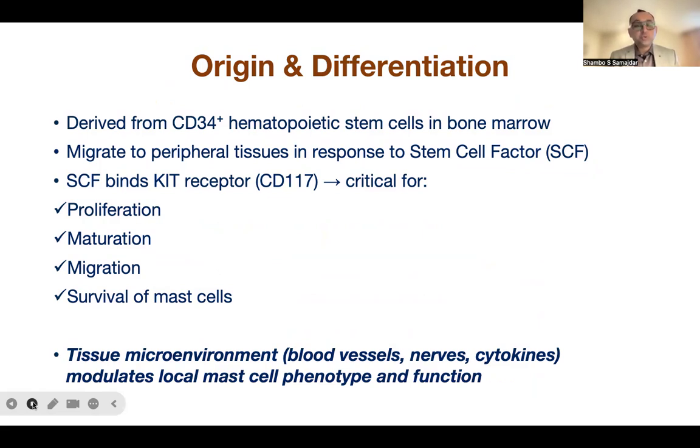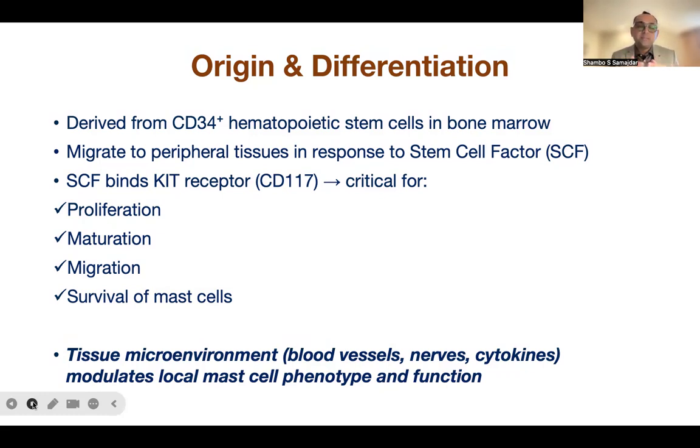and they actually migrate to peripheral tissues in response to stem cell factor. Now, what happens? This stem cell factor will bind to the KIT receptor, the CD117, and I think we are going to discuss this particular receptor more and more, because all this pathology is centering over this particular receptor.